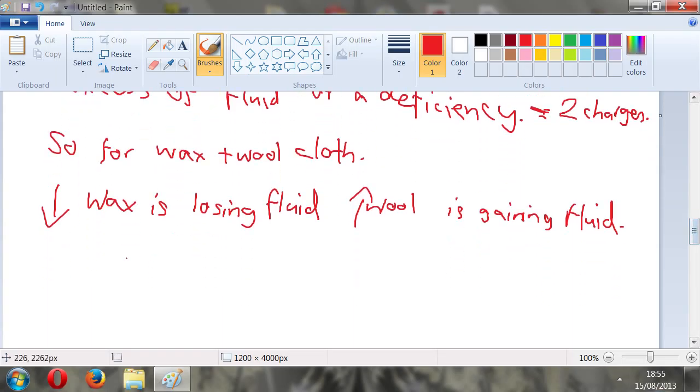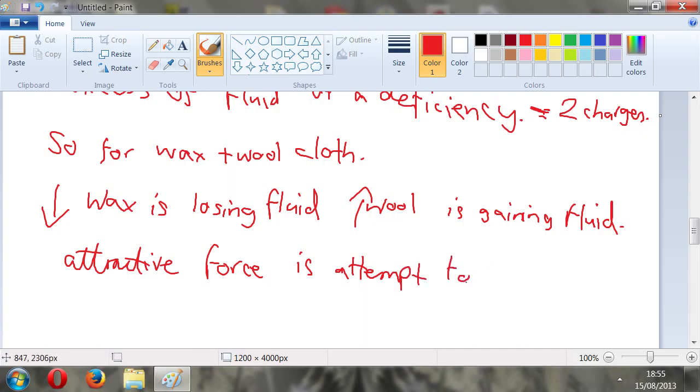So this would mean that the attractive force is an attempt to regain balance.